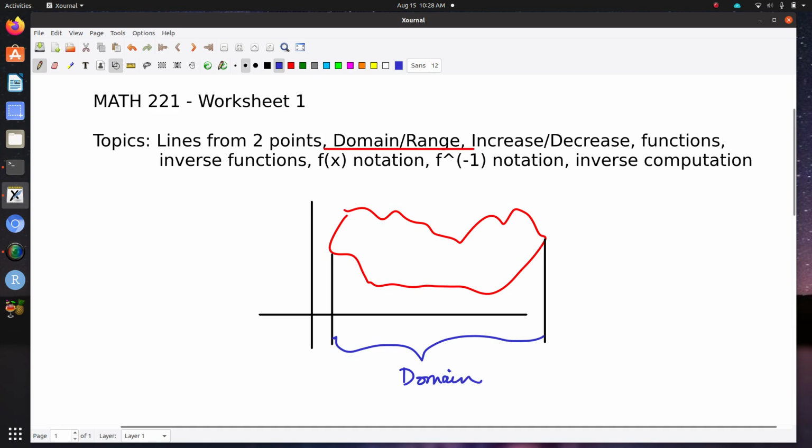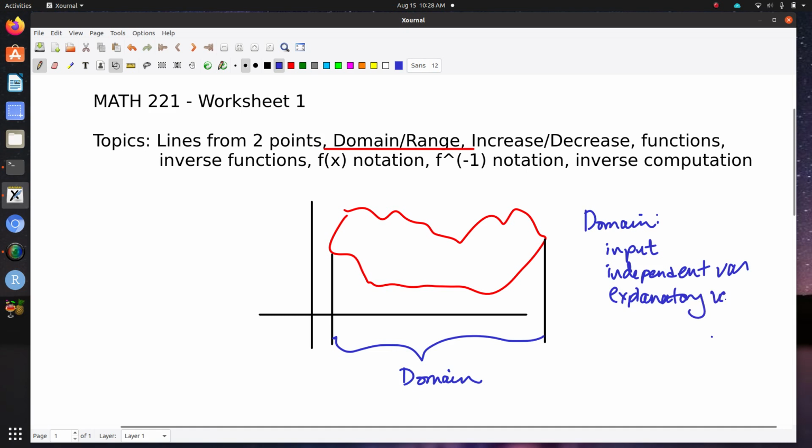So you can also think domain means input. So input to a function or relation of some sort, usually a function. You have another word for it: independent variable. And if you're a statistician, we call this the explanatory variable.